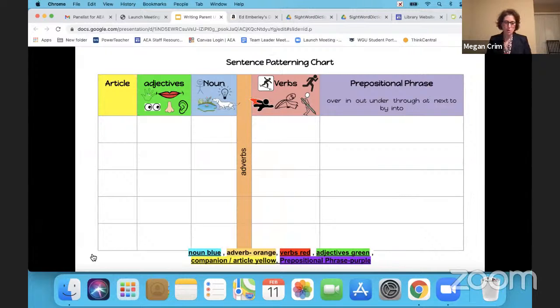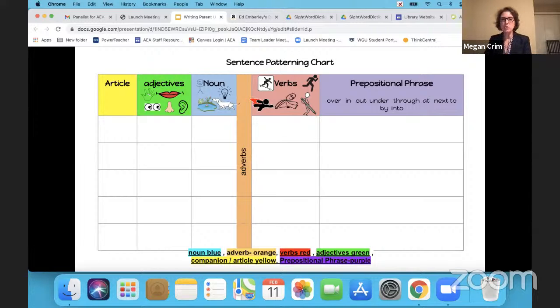Okay, so if you ask a kindergartner and a first grader what a sentence is, you really don't know. And it really is something that you kind of have to explicitly teach, how to write a sentence. So we've sent this in Canvas a couple times, but it is super powerful for explicitly teaching writing a sentence.